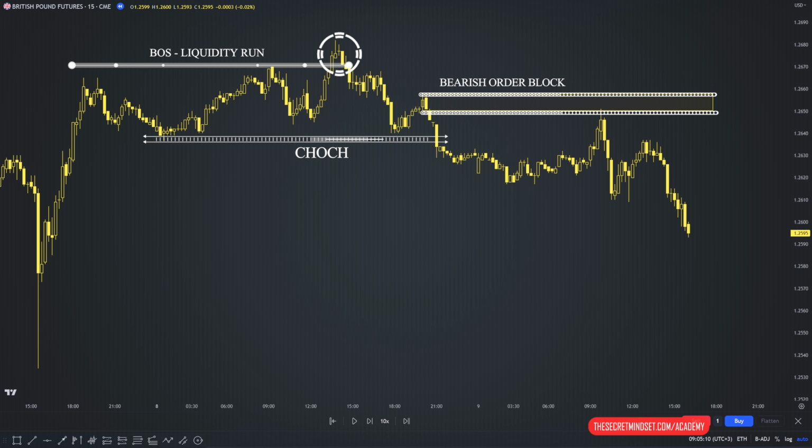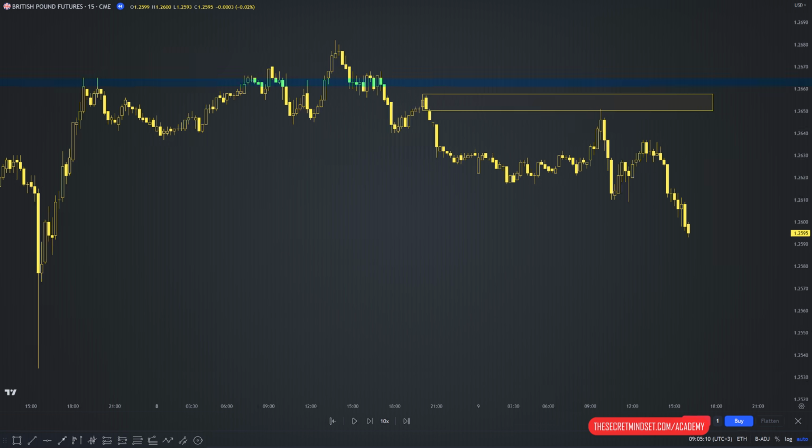This indicates that big players entered into short trades, providing a potential trade if the price returns to the order block. And as expected, a sharp drop takes place when the market revisits the order block created by the first round of selling, as smart money will sell again to reinforce the reversal.